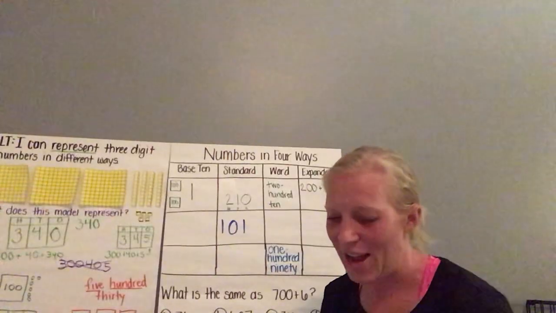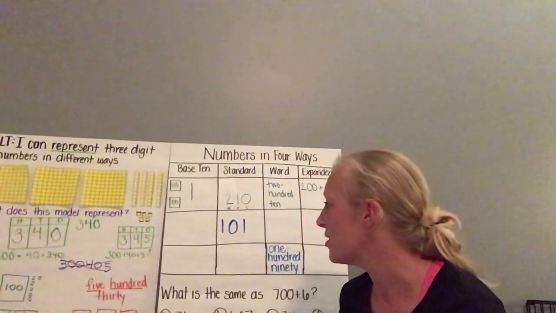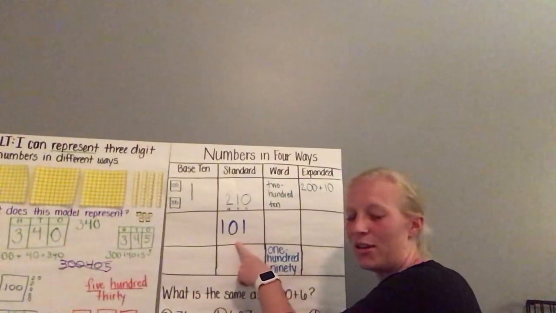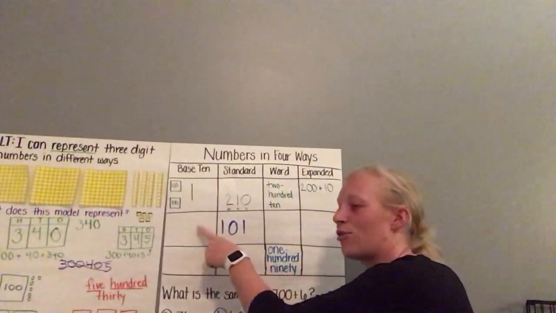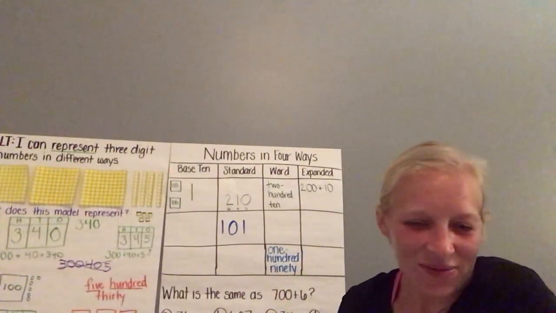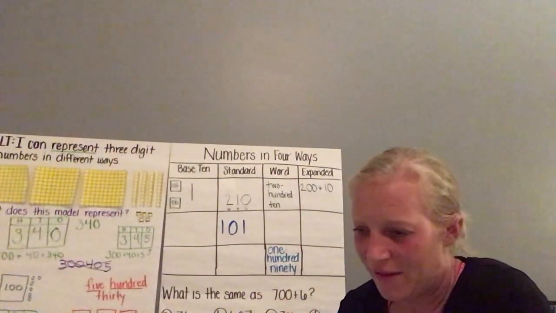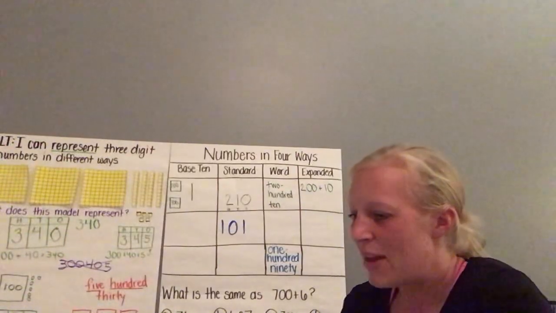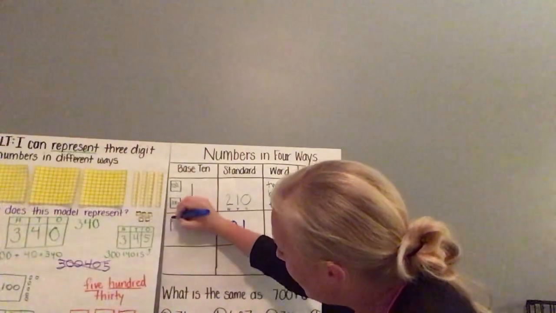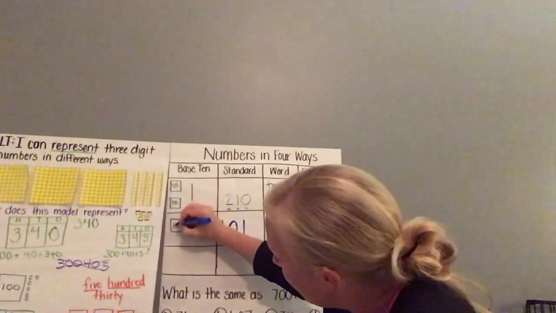Now, I want you all in your notebooks, take a peek at this number. Got it? Read it. Draw it for me. You guys are getting quick. How many big boxes do I have for my 100? My big 100.